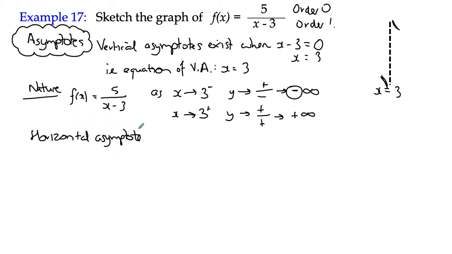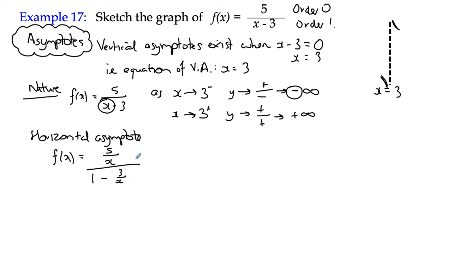Well, if we're going to do it from scratch, basically what we do is we divide everything by the value of the highest power of x in the denominator. So we divide everything by x. It gives you 5 over x over 1 minus 3 over x.